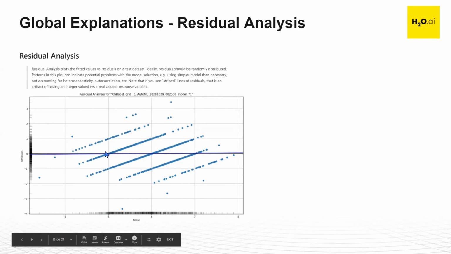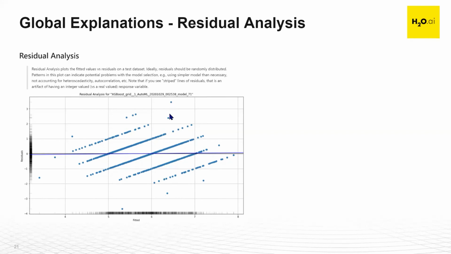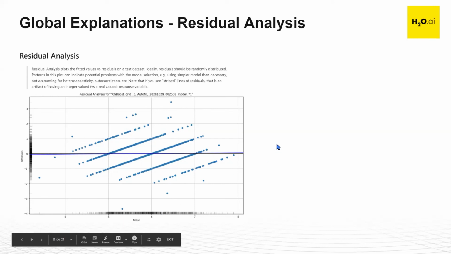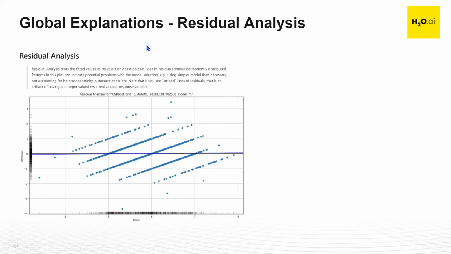So you may be 1 off, but then you're not too far off when compared to maybe here. So for example, this could be 6.4, 6.5 something. But then when you have a prediction of about 6.4, then you may have some really large error. So you could be off by 3 or maybe minus 2.5 from the actual target. So this is just a simple analysis to look at the errors from the predictions when compared to the actual target.